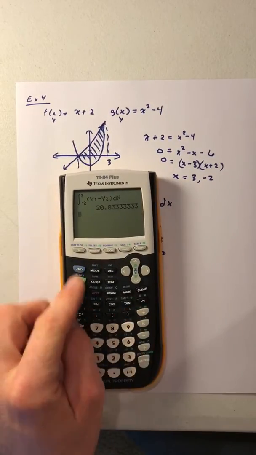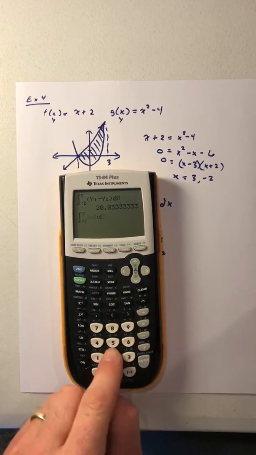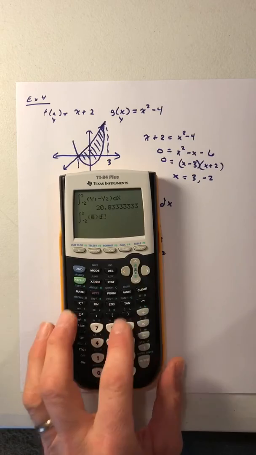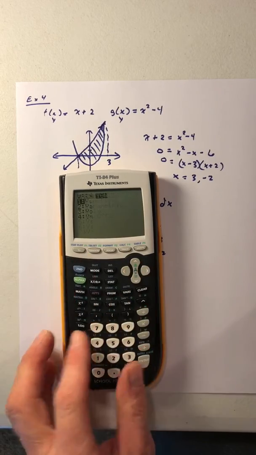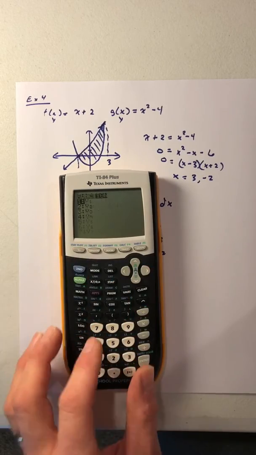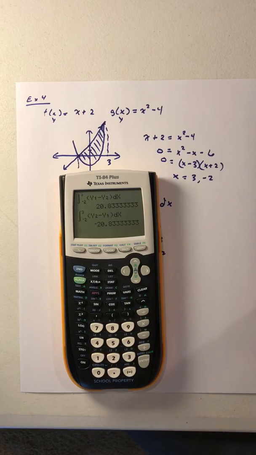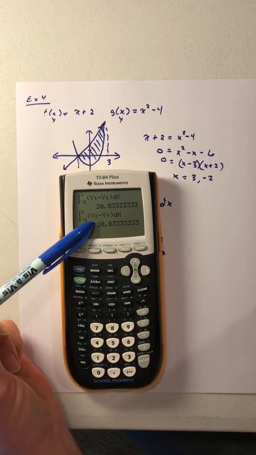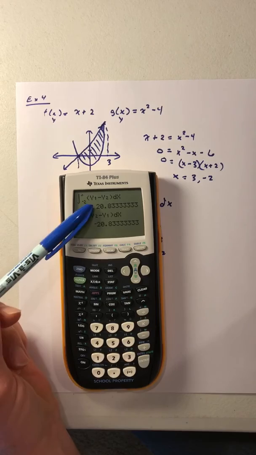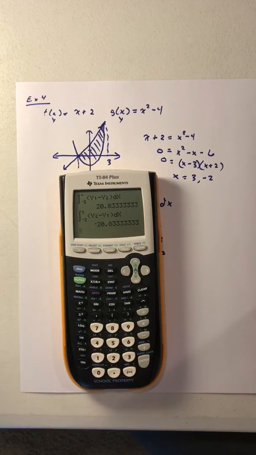I'll show you here, if we go to Math 9, from negative 2 to 3, now I'm going to do my y vars, y2 minus vars, y vars, number 1, dx. Notice I get just the negative value. So it's easy at this point to just take the positive value of that and call it a day. Be careful though, as we get more complicated problems later on, it won't always work that way.